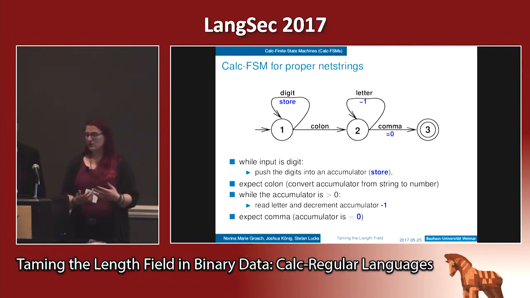And then when we read the expected colon, we evaluate the input in the accumulator to a natural number. Then when we read all the letters, we decrement it for every letter by 1 until it is hopefully 0. And when the comma, which terminates the string, comes in the input, we check if the accumulator is really 0, and only if it is, we can go to the accepting state and accept the word.